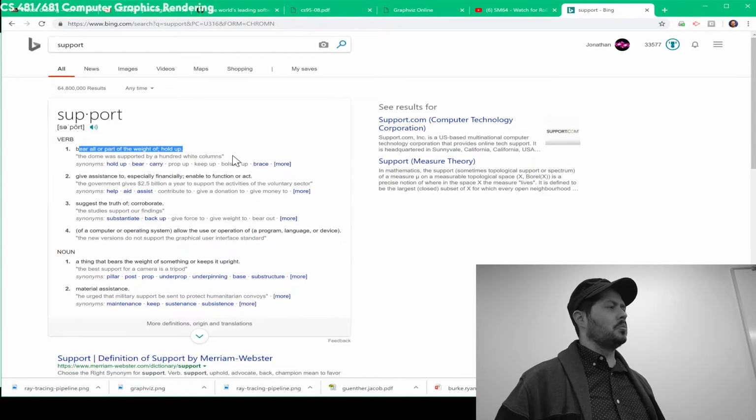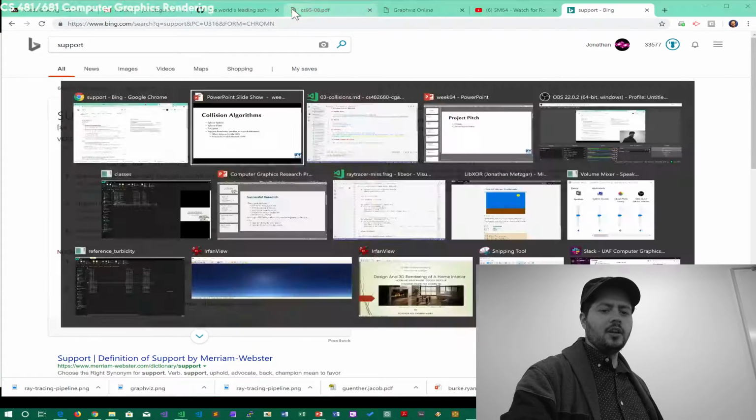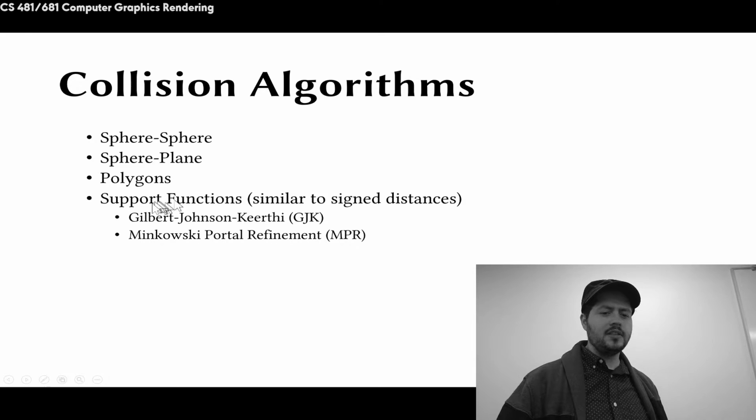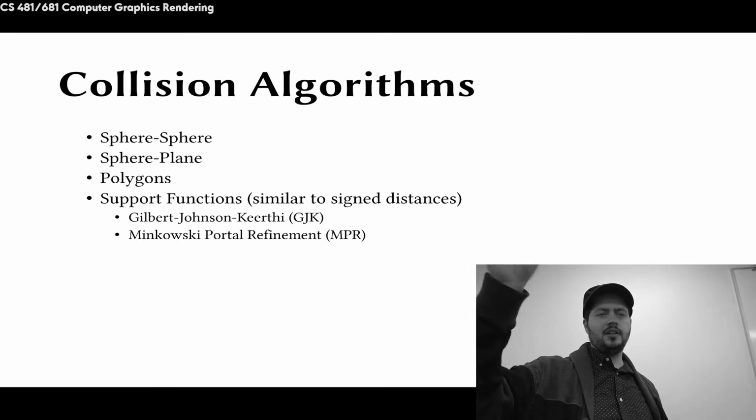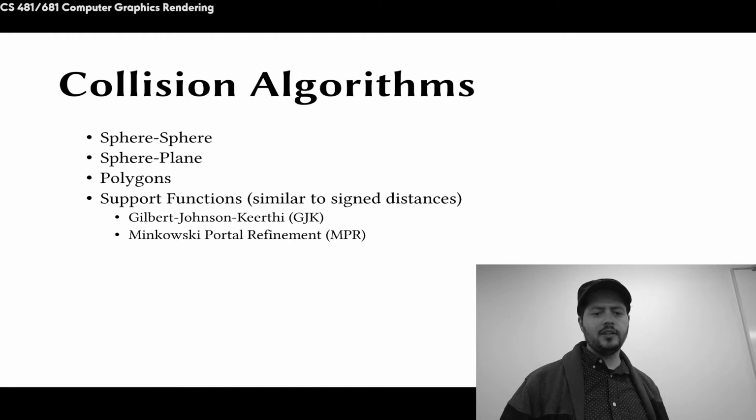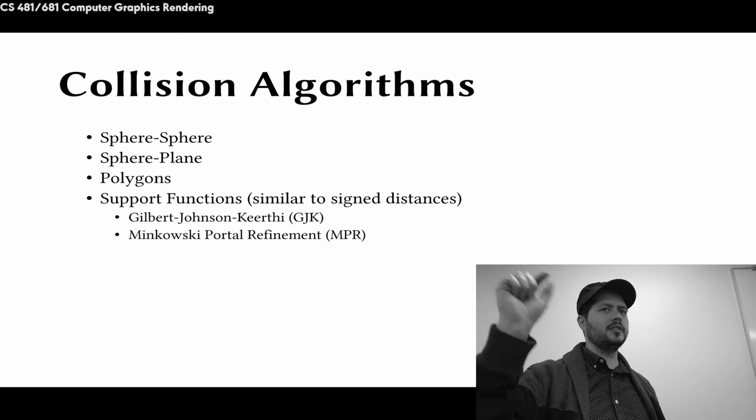So the idea behind a support mapping is you're not initially thinking, oh, how is it working? It's not working by being a helper function. It's being there to say where the actual physical force is being sustained.